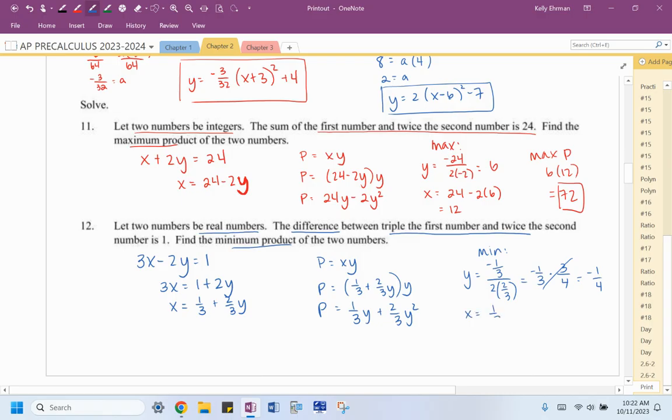It's usually easier. 1/3 plus 2/3 times negative 1/4 is 1/3 minus 1/6. 2 over 6 minus 1 over 6 is 1 over 6. So the minimum product is negative 1/4 times positive 1/6, negative 1/24.